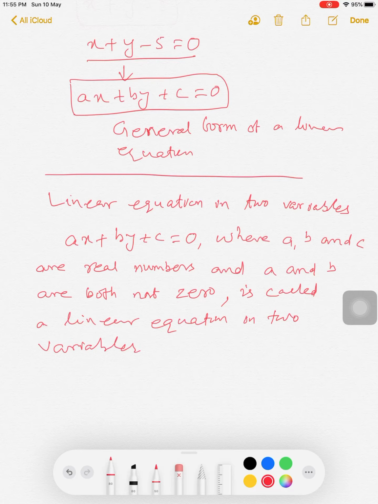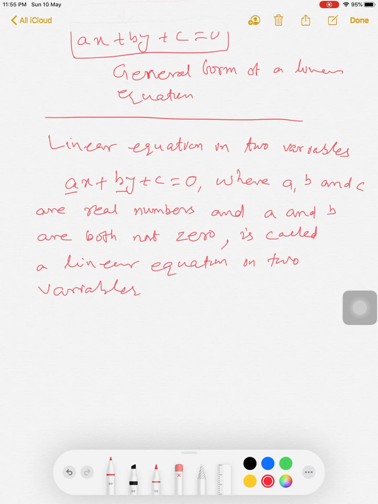so here you have to remember that a and b cannot both be 0, because what happens, let us think that a is 0, then it will be 0x plus by plus c equal to 0. That means this equation has been reduced to by plus c equal to 0. So it is an equation in one variable. So if a and b both are 0, then what will happen?